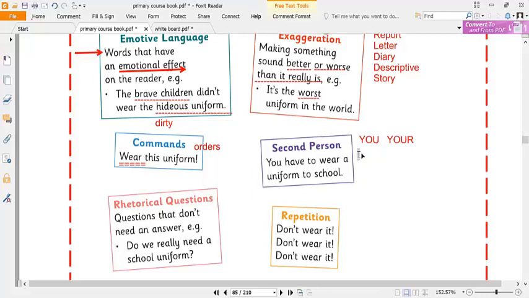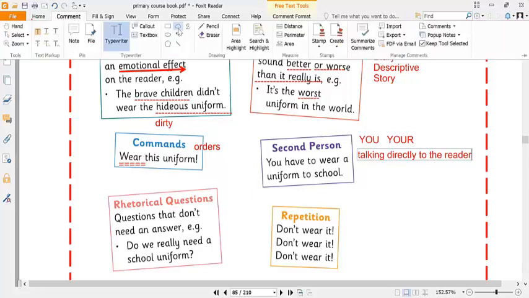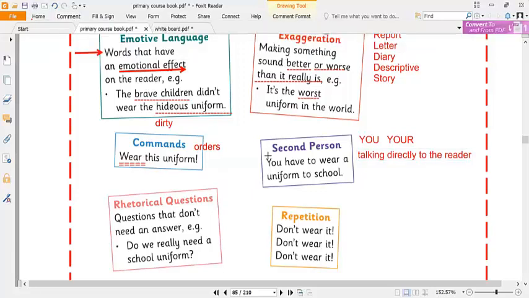So what I mean by the second person is talking directly to the reader. When you talk directly to the reader, it means you used the second person. Like to say, you have to wear your uniform to school.